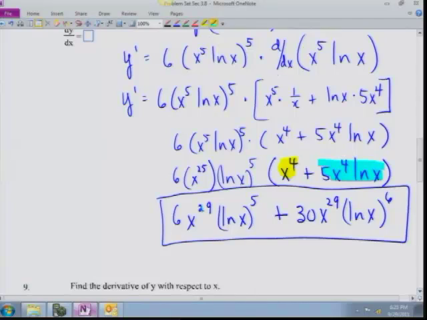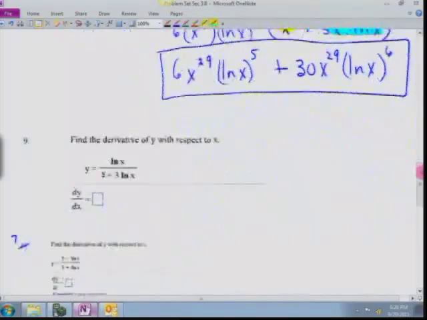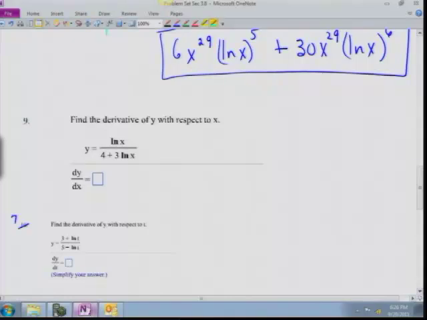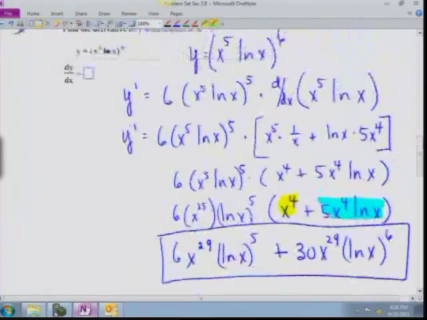All right. Okay, we good? I got 6x to the 29th plus 30x to the 29th ln x to the 6th. The only thing I didn't get was the ln x to the 5th. You just forgot to put that with it.